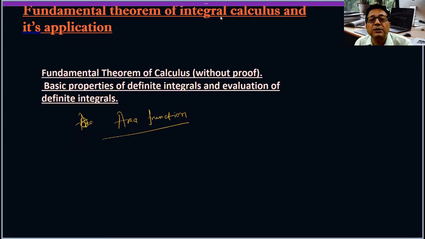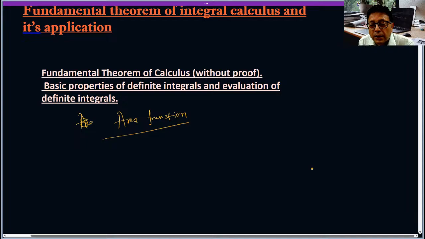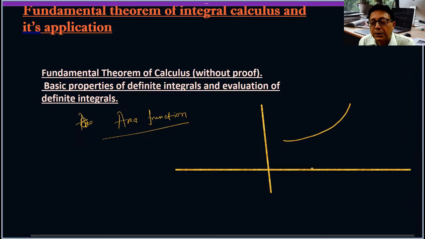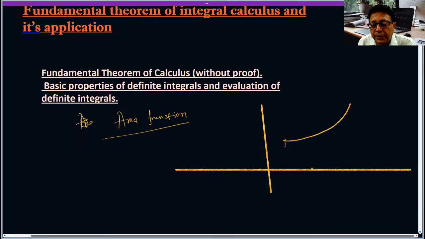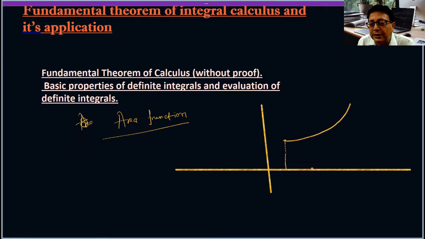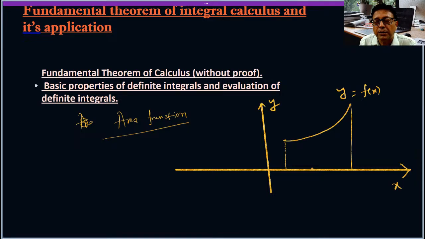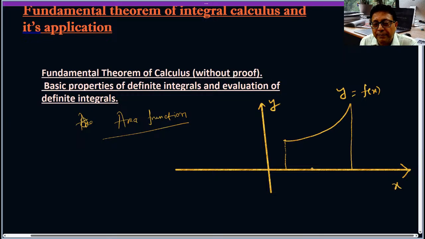What is the area function? Try to understand. The geometrical meaning of definite integration states that when we integrate between 2 points A and B, the function y equal to f(x), y equal to f(x) is the function when you integrate within limits.